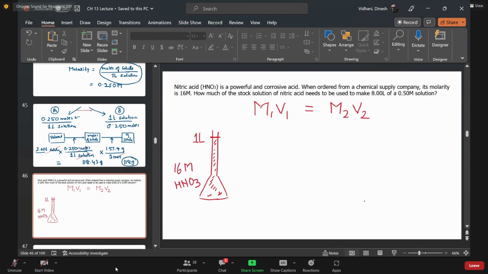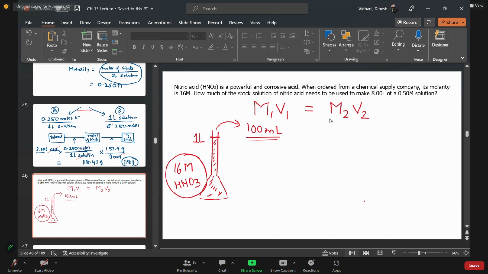Now, for example, if I take 100 ml of this nitric acid, can you tell me how many moles do I have in 100 ml? I'm taking 100 ml of 16 molar nitric acid.